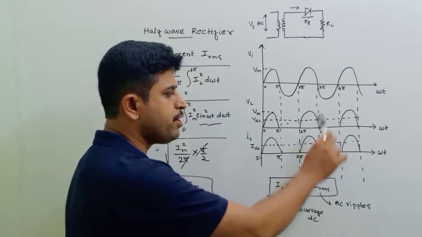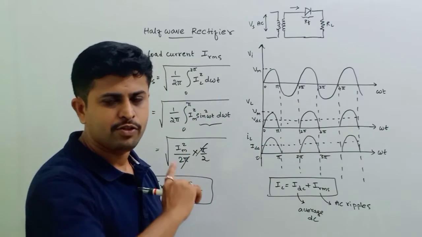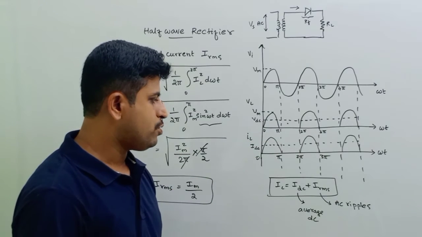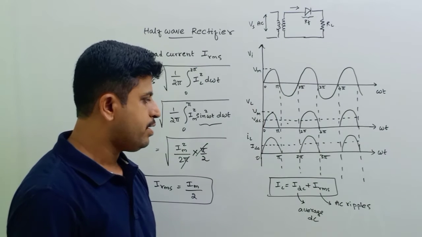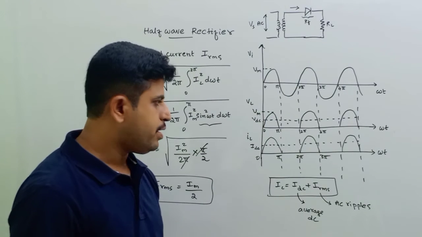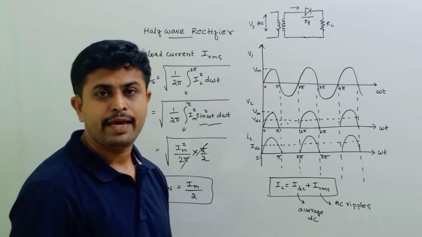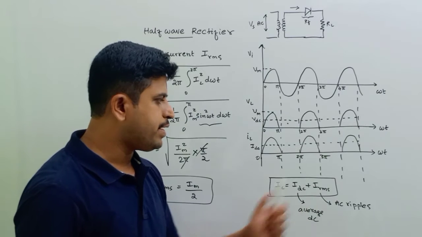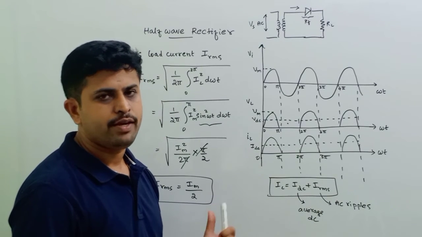You can see some kind of sinusoidal variation, some kind of ripple is there. It is not a straight line, it is not constant. So because of this, the load current we are getting at the half wave rectifier is not pure DC, it is the sum of DC plus AC ripples, nothing but IDC plus IRMS. So how to find this IRMS?